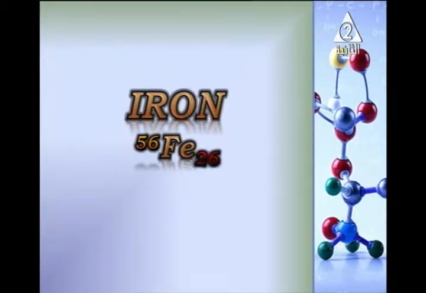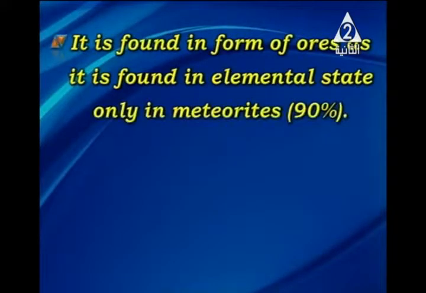Iron. Iron has the symbol Fe and has atomic number 26 and has atomic mass 56. Iron is found in form of ores, as it is found in elementary state only in meteorites by 90%.